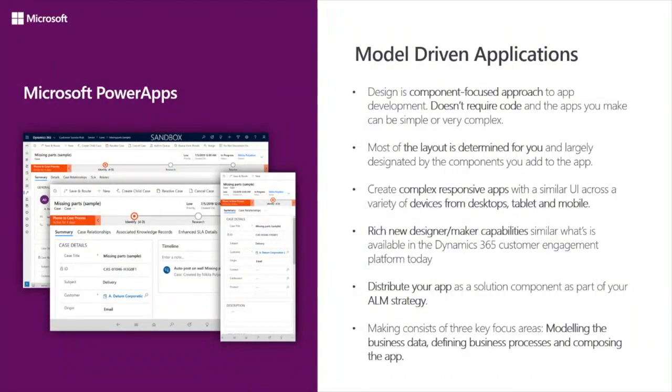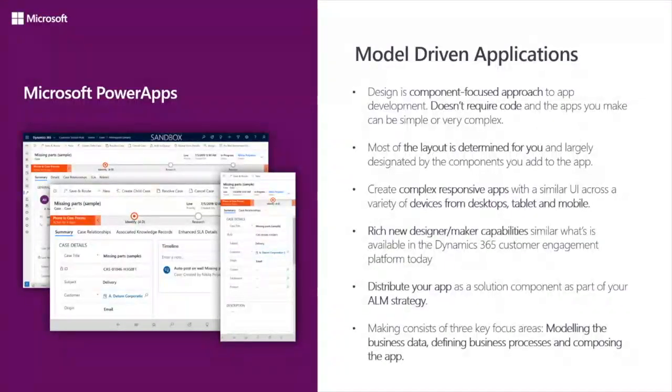Most of the layout, like the images that you're seeing on the left, which show the latest changes that we have introduced in our latest release wave 2 that you can already be previewing, is determined for you. You pretty much have to decide which entities, forms, and views you want to include in your application.